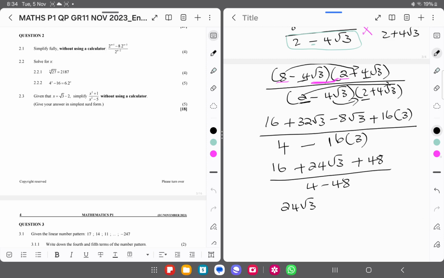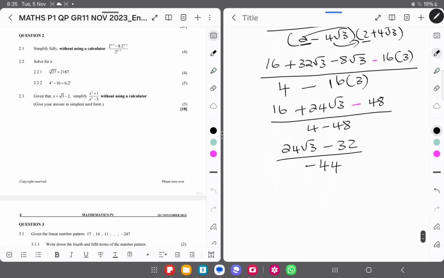And this is supposed to be negative, guys. I hope you saw that. This negative times positive, this here gives me negative. Good. So that will be 16 minus 48. We get negative 32 over 4 minus 48. We get minus 44.